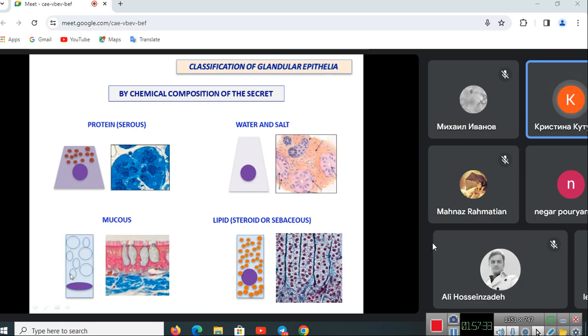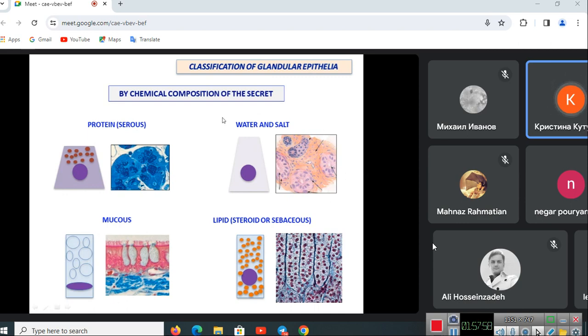Because it is pushed by the vesicles filling all the cell, and the vesicles are filled with mucus. They are non-stained, so this cell stays non-stained, pale, and this is how a goblet cell or other type of mucus-producing cell looks.